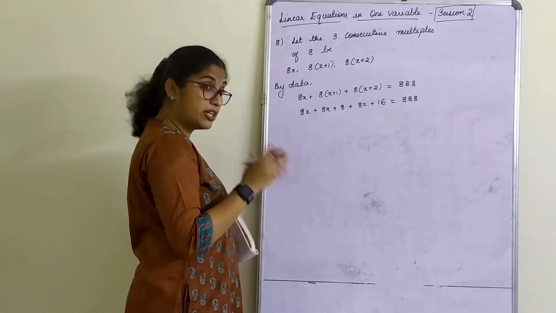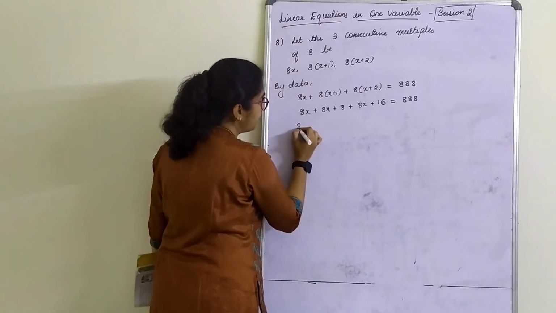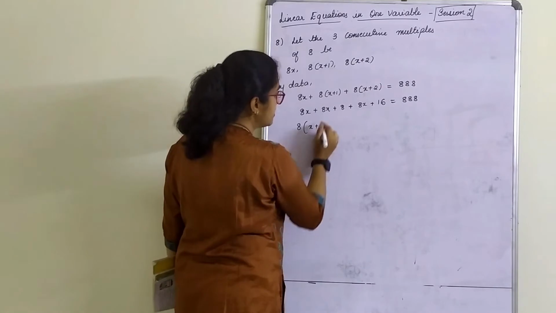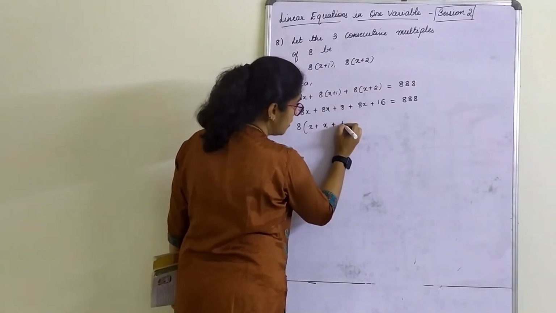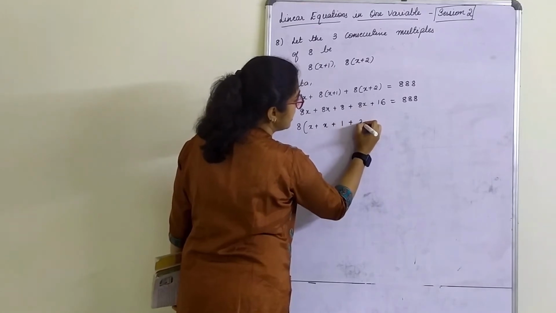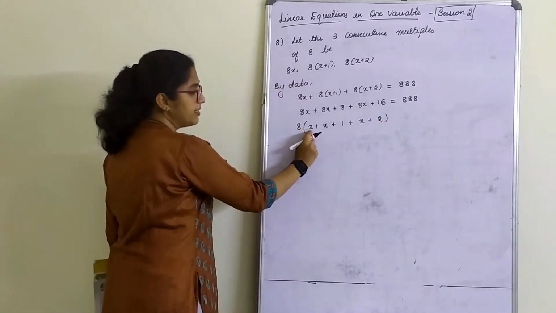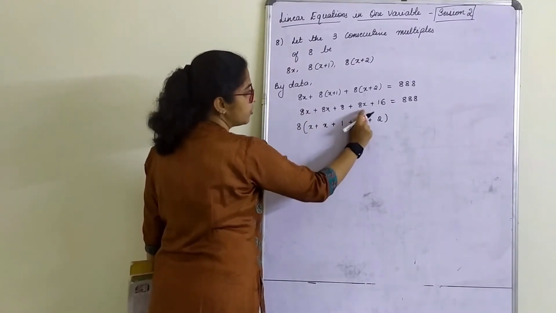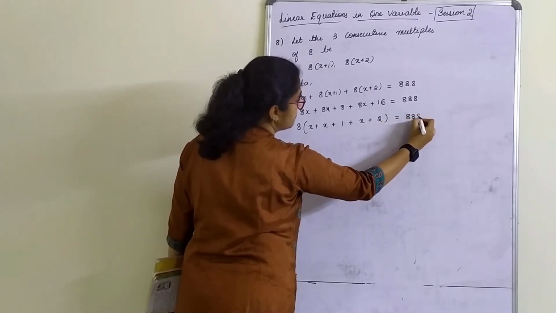To make it much easier, what I do in this whole is, I take 8 common. So what will it be? x plus, again here x plus 1 plus x plus 2. Right? So 8 into x, 8x into 8x plus 8, 8x into x is 8x, 8 2s are 16 is equal to 888.